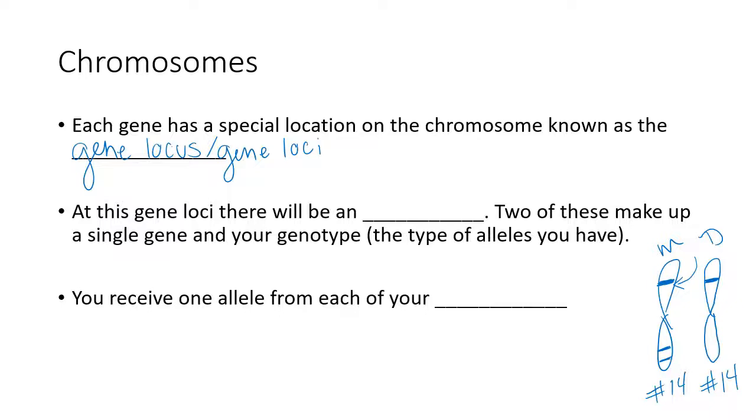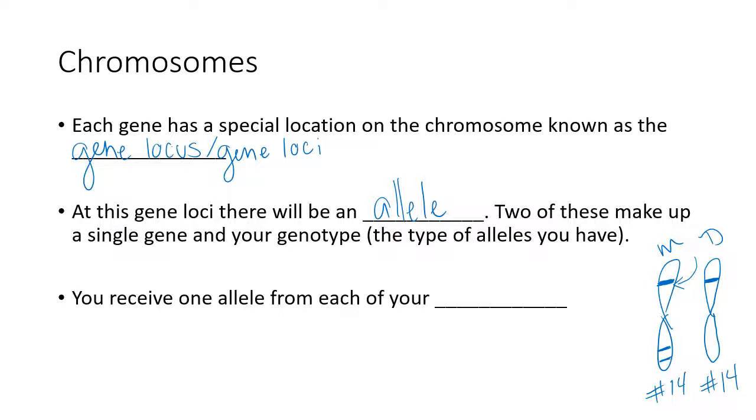So at this gene loci, there will be an allele. And two of these make up a single gene in your genotype, or basically the type of alleles you have. That's what the genotype means, is the type of alleles you have. So here at this gene locus, you're going to have an allele that's going to code for hair color. We'll use that. And over here, you're going to have an allele on dad's chromosome that is going to code for eye color.